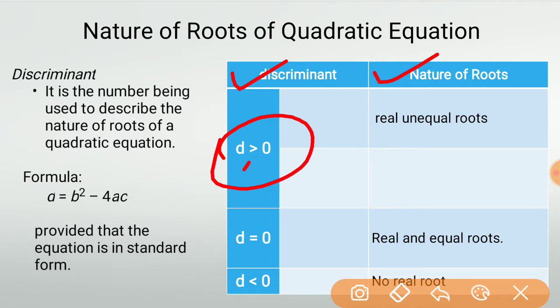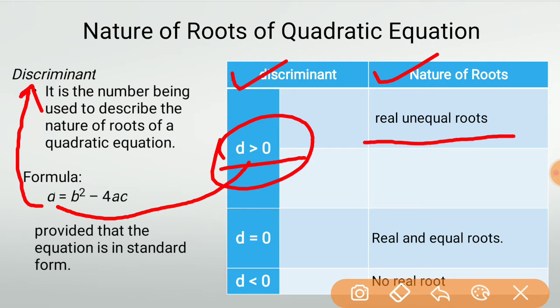This D stands for b square minus 4ac, and as we know, D is the abbreviation of discriminant. So if this value is greater than 0, then the nature of the root is real and unequal.